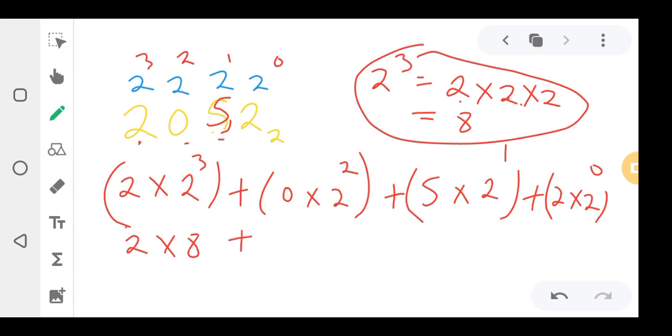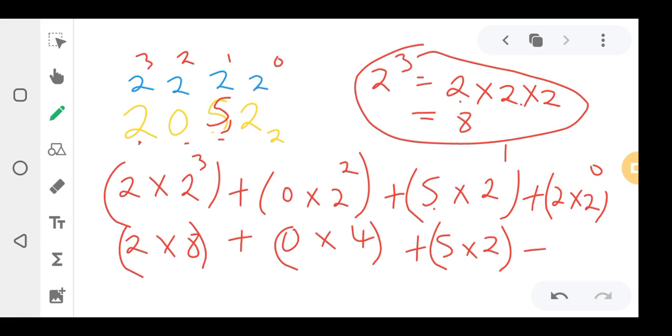Because 2 to the power 3 means 2 multiplied 3 times. Okay? 0 times 2 to the power 2, it is 4, plus 5 times 2 to the power 1. Any number to the power 1 is itself. Plus 2 times 2 to the power 0. Any number to the power 0 is 1.